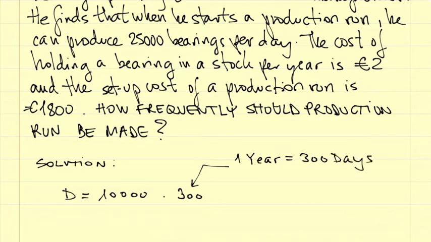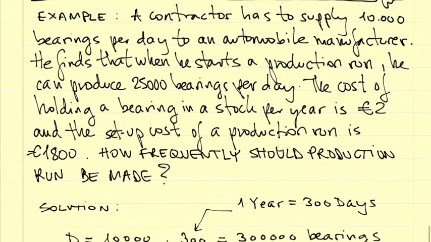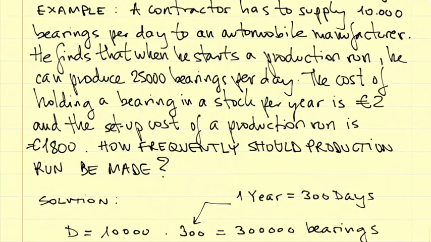This means demand is 300,000 bearings, 10,000 units per day and 300 days of production.